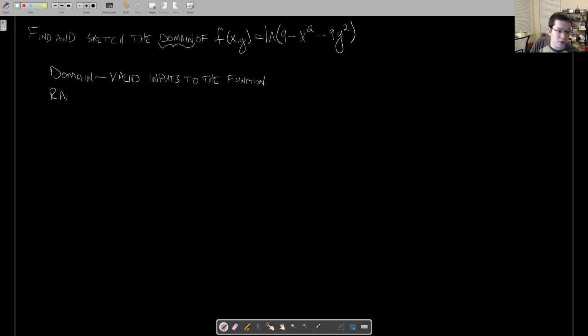Range is the possible outputs of the function.